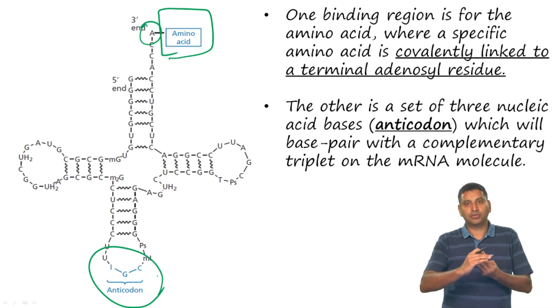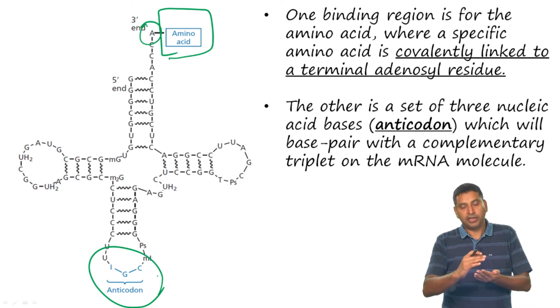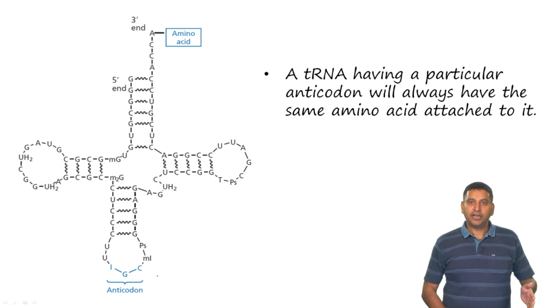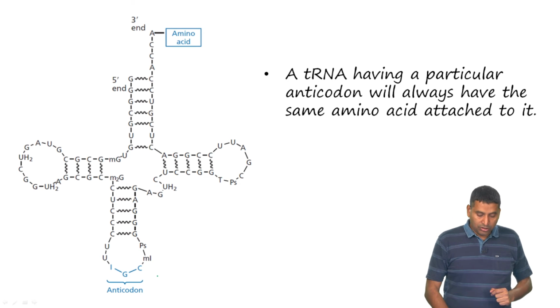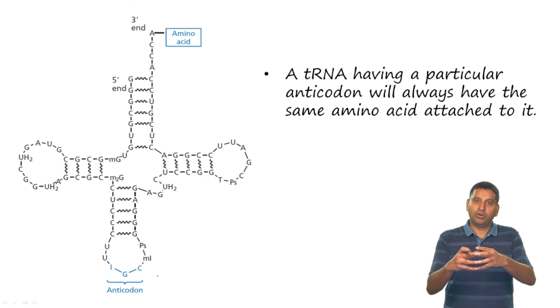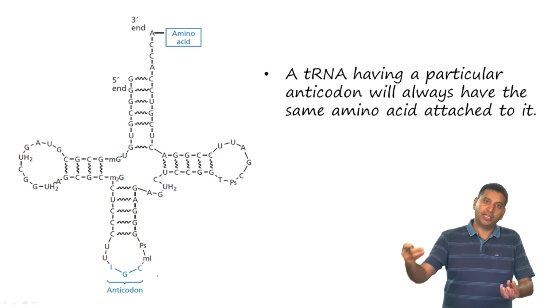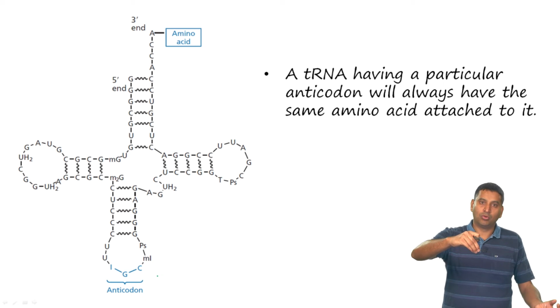This process is called base pairing, and therefore the codon and anticodon are complementary in nature. A tRNA having a particular anticodon will always have the same amino acid attached to it. This way we are assured of putting in the right amino acid when the code is read correctly.